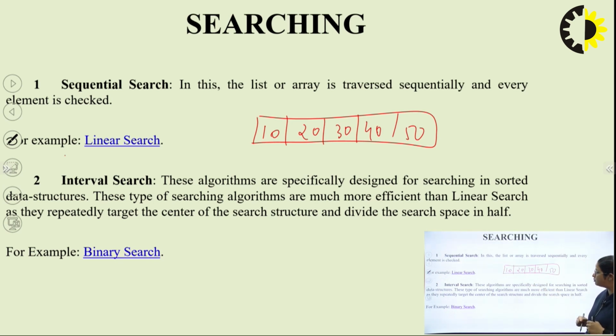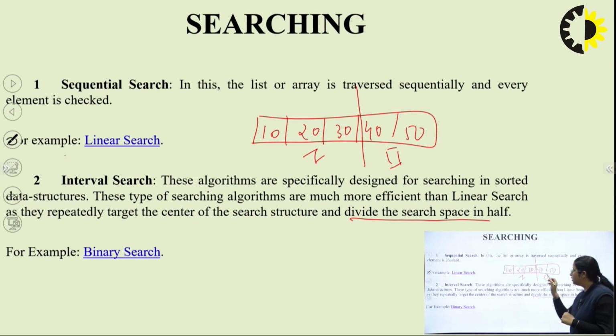With the help of interval search, the list of elements is divided into two parts. This is the first part, this is the second part. That is, we divide the search space into half.